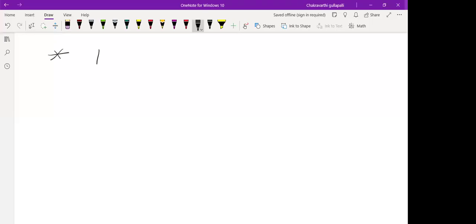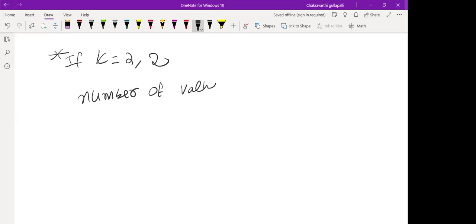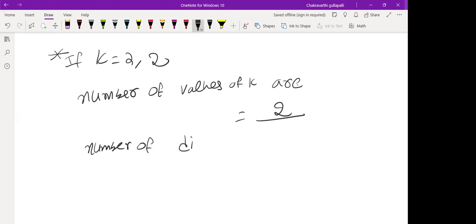Sometimes you may get K as 2, 2, for example. Then the number of values of K is 2, but the number of distinct values of K is 1.